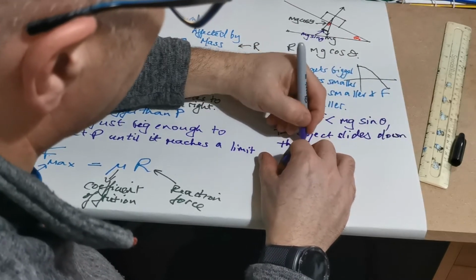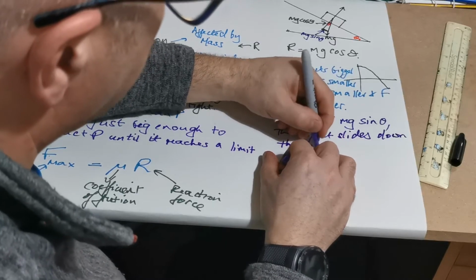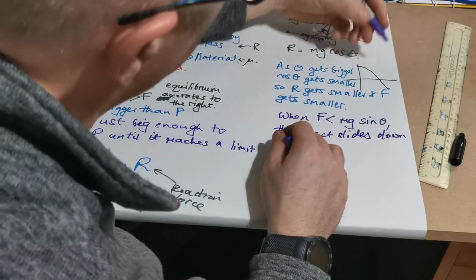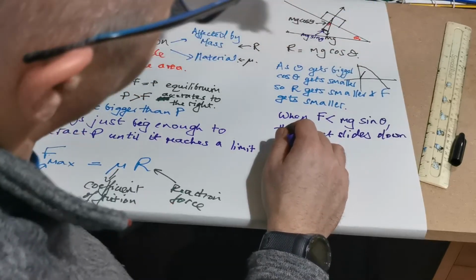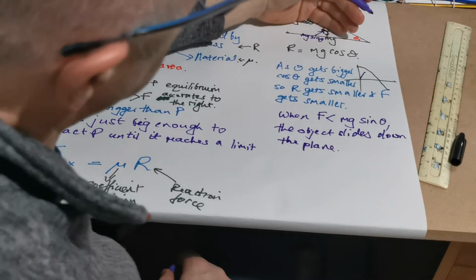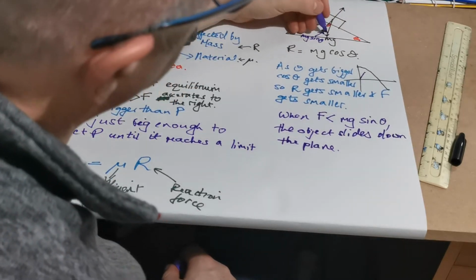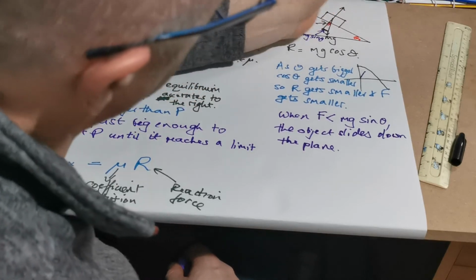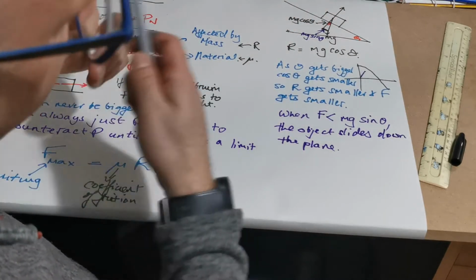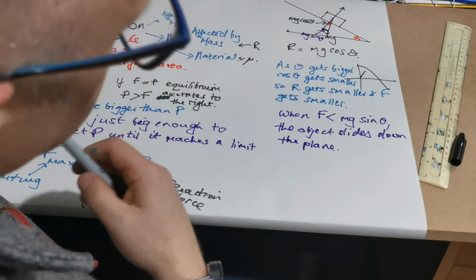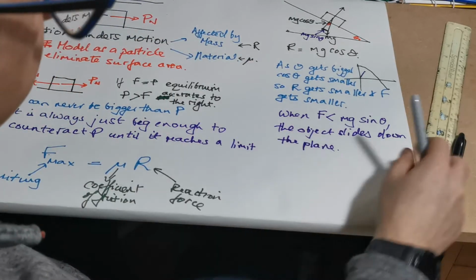Obviously as this is being lifted up, the sine graph gets bigger and bigger and bigger, doesn't it? So as this is lifted, the impact of this mass, of this weight, makes more of a difference, and the reaction is reduced. So you've got more force pulling down and less friction together. So that means it slides much more easily once it's tipped up.